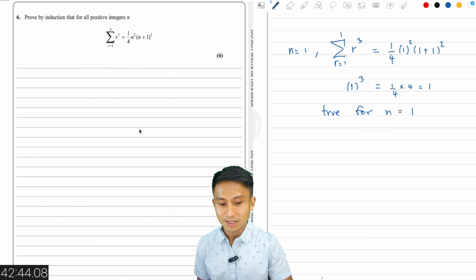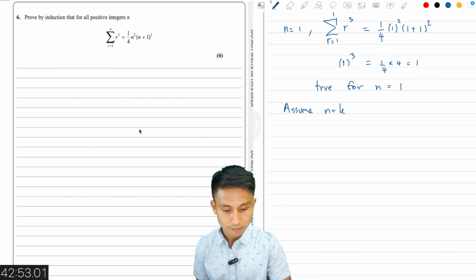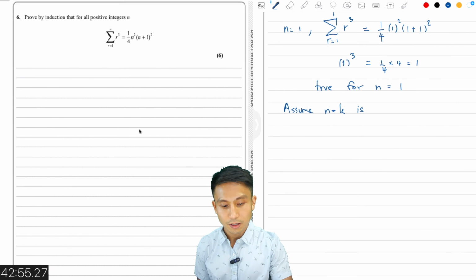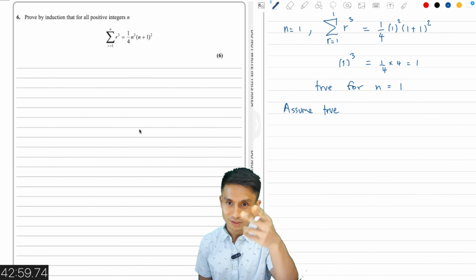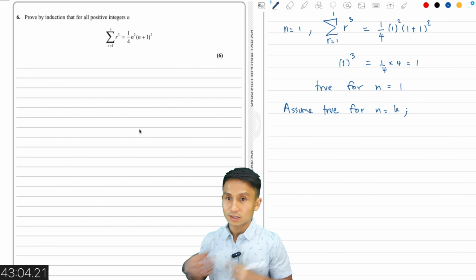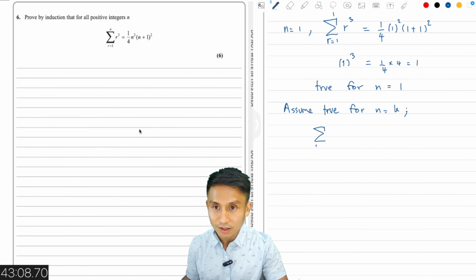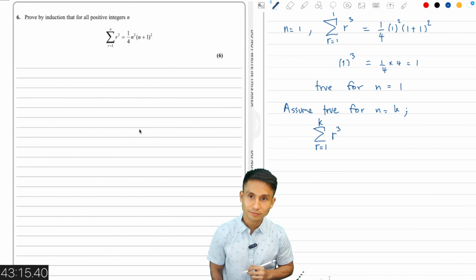The second step is the inductive step. We need to assume that n equals k is true first. Assume the statement is true for n equals k, and then we're going to substitute k in there. So this will be sigma from r equals 1 to k of r cubed.